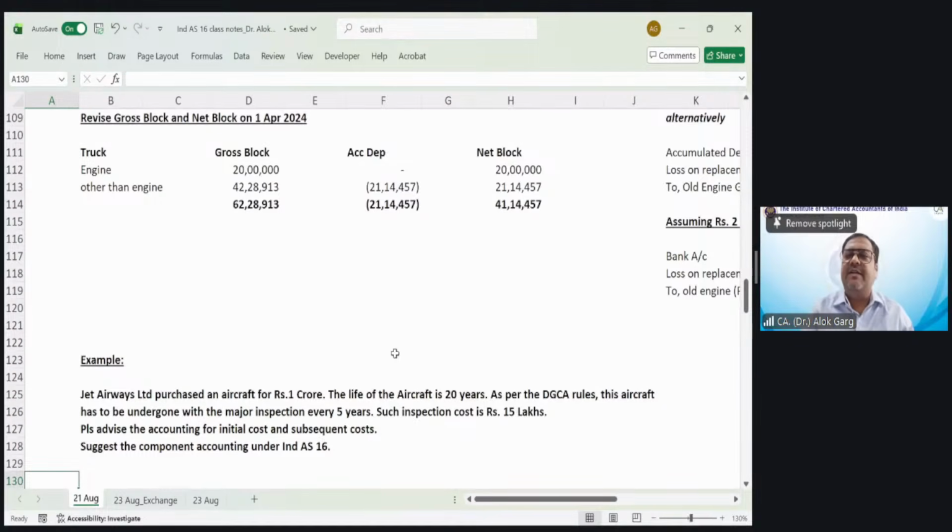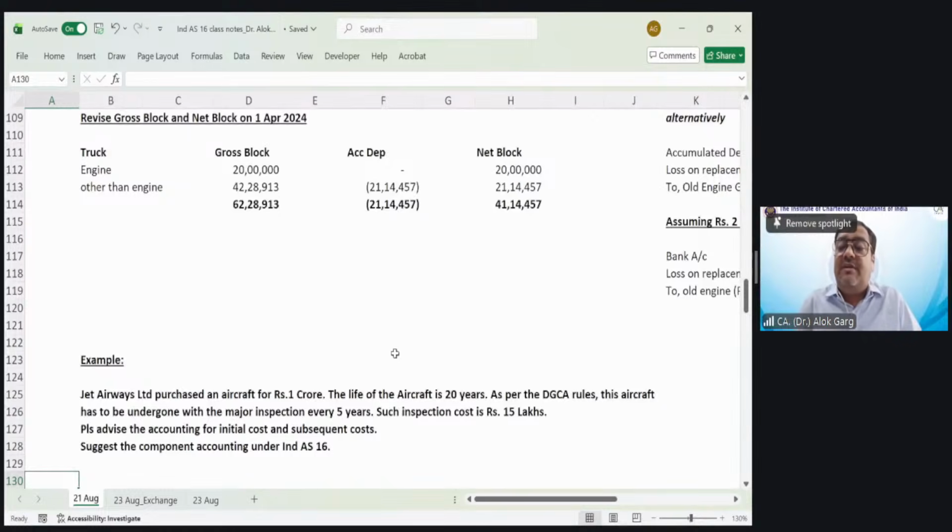Everything is clear. And of course, the authorities will do a major inspection of the aircraft every 5 years. This is required by the DGCA aviation rules.